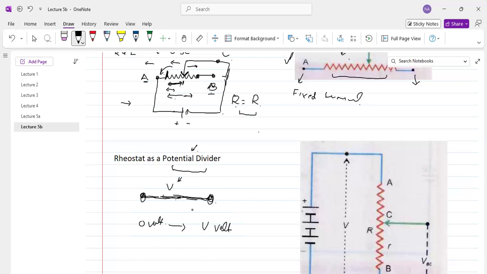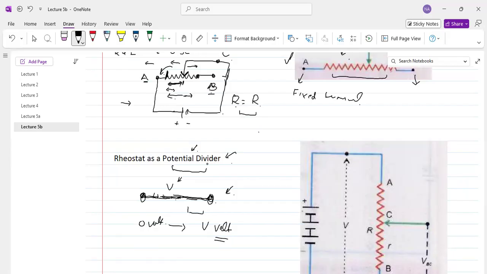If we can have some arrangement that gives the 0 value from this source, the maximum value of the voltage of this source, and also all the possible values between 0 and the maximum value of this voltage source, we will say that that is our potential divider.